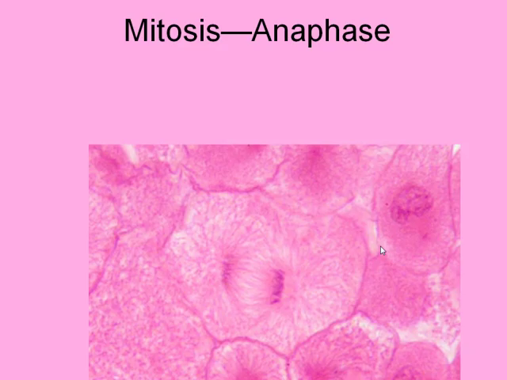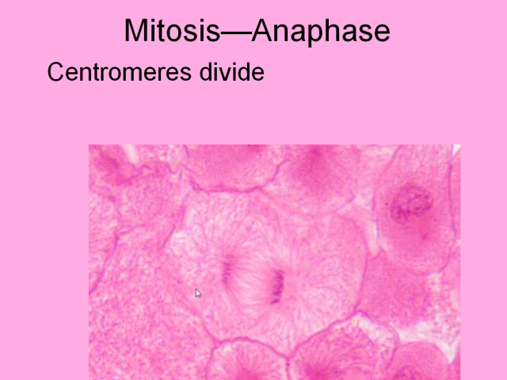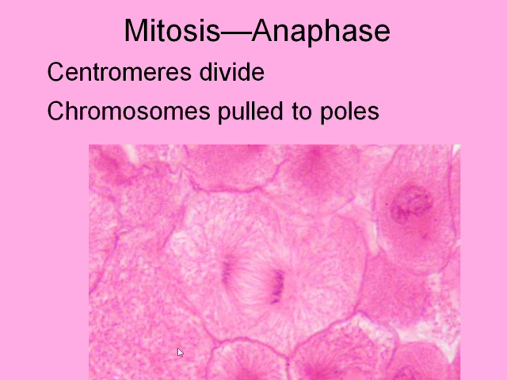So that when we go into anaphase, the next phase, the centromeres that were holding the chromosome pairs together divide, and those spindle fibers start to shorten up, and as they begin to shorten up, they pull the chromosomes to opposite ends of the cell.